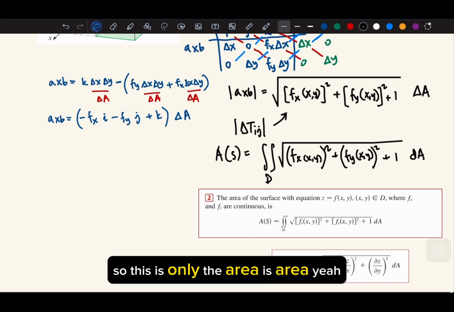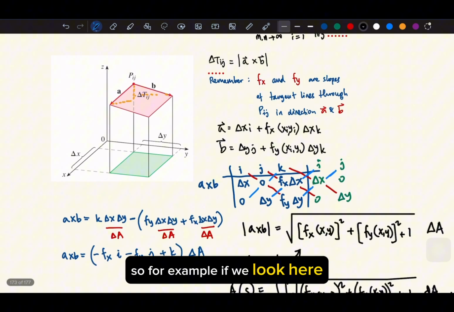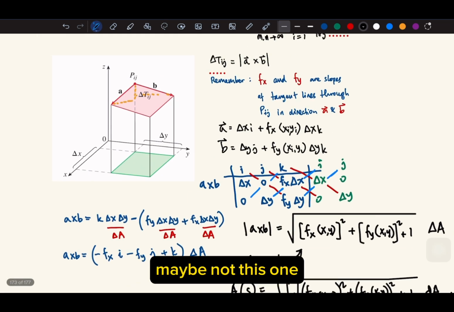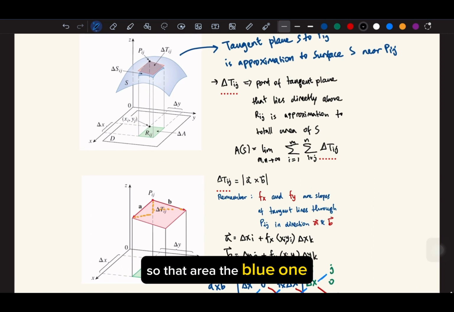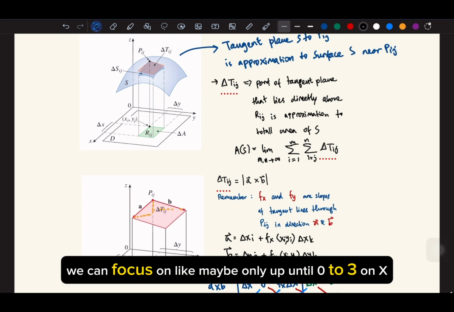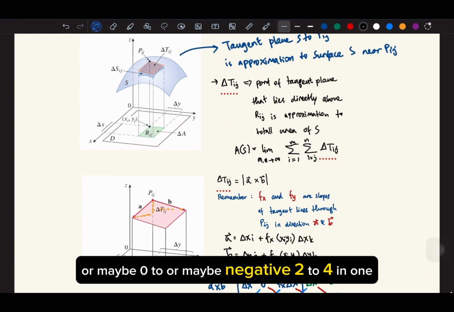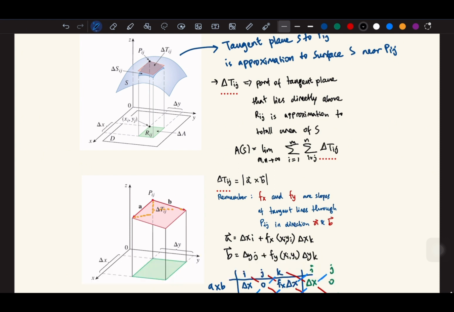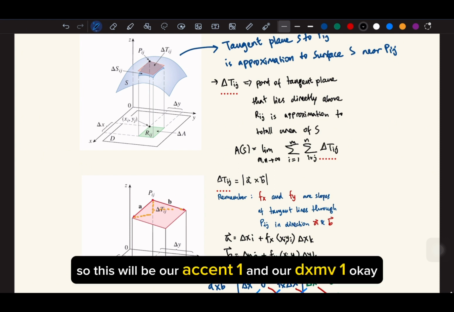For example, if we look here, maybe that one, the blue area. Depending on the endpoints, we can focus on maybe only 0 to 3 on x, or maybe negative 2 to 4 in y. So that will be our x and y, and our dx and dy.